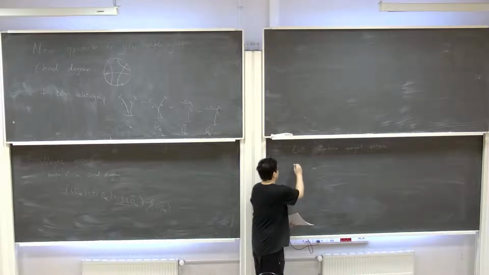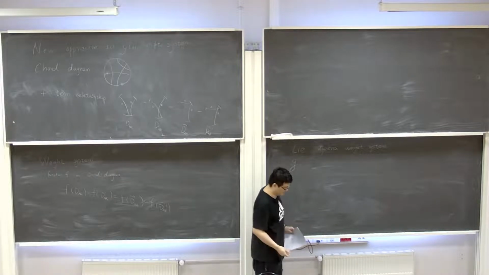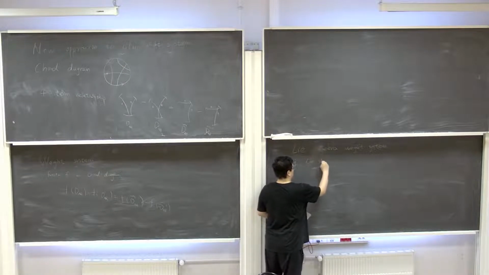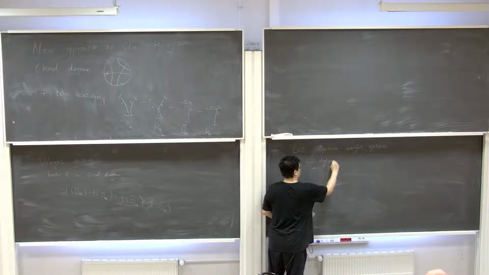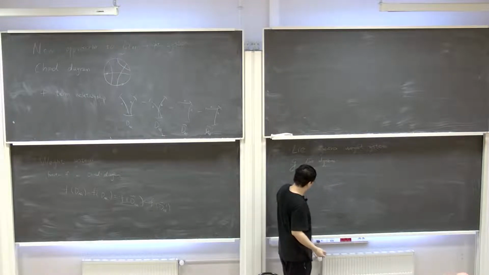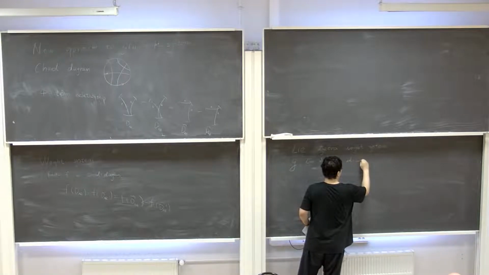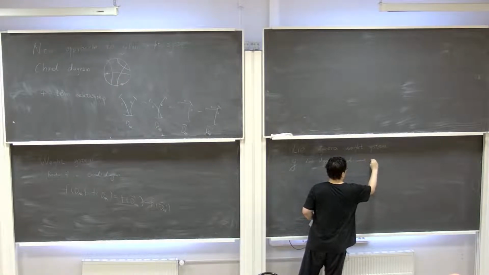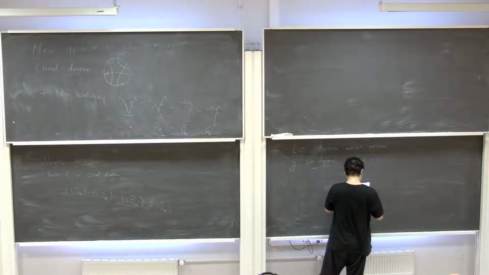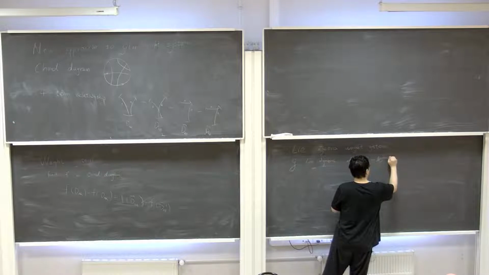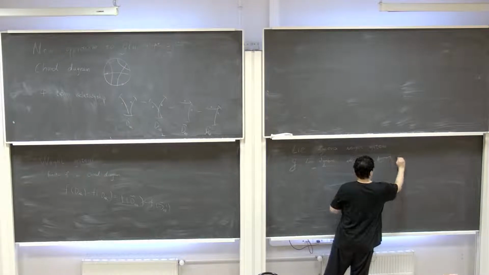And we say that G is a metrized Lie algebra. It has an ad-invariant, non-degenerate bilinear form.